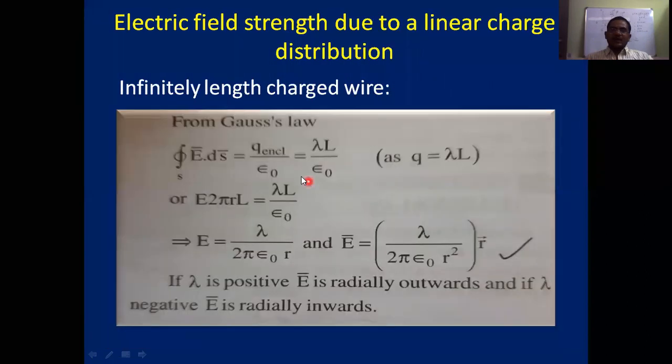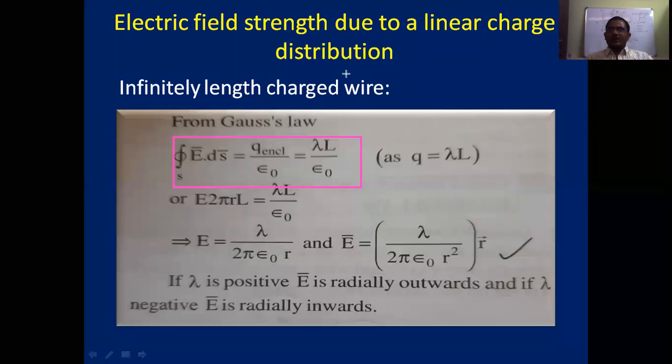Right, sir? Now, according to Gauss law, we have the expression: surface integral of E bar dot ds bar equals Q enclosed by epsilon naught. Here lambda is the linear charge density, which is nothing but charge per unit length, lambda equals Q by L, so Q equals lambda into L. Substitute this value here, so in the numerator we have lambda into L by epsilon naught.